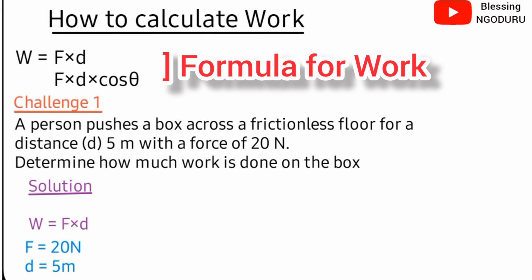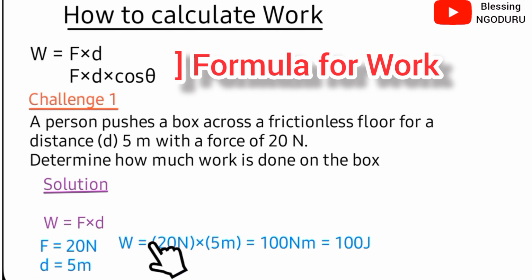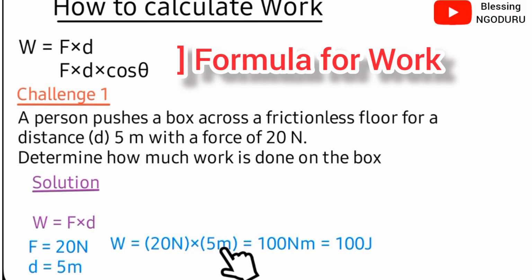So the work done is equal to 20 Newton, being the force, multiplied by the distance, being 5 meters. So 20 Newton multiplied by 5 meters gives 100 Newton meter, which is equivalent to 100 joules.